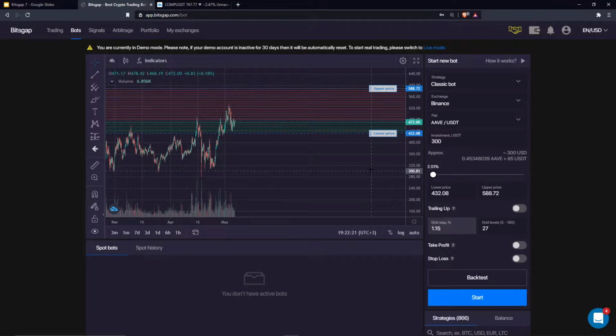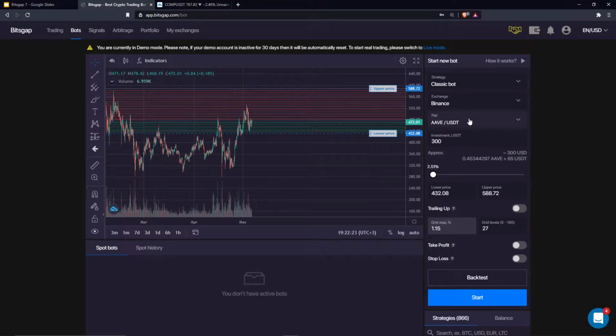For me, since I'm trading coins like BNB, 0x, Link, Quantum, Bitcoin, Ethereum, the grid step range from 0.67% to 1.2%, the one over here, has proven to be successful.